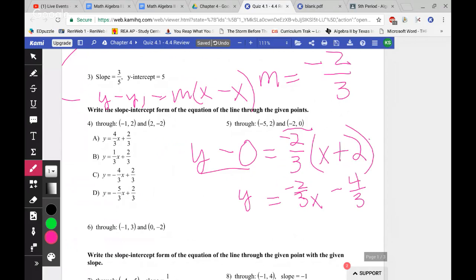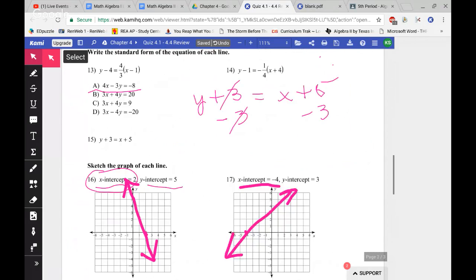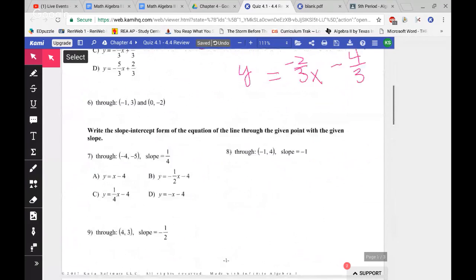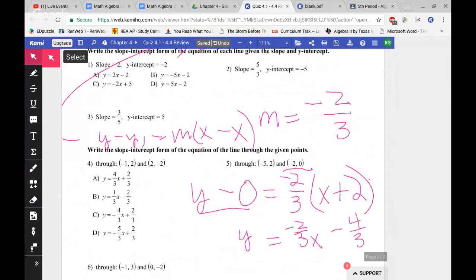I got it right. Isn't that what the answer sheet said? Yeah, I think so. Jordan, do you see? Yeah, that's it. All right, what we said, 5, 6, 6 and 8. All right. So now I'm going to move to 6.